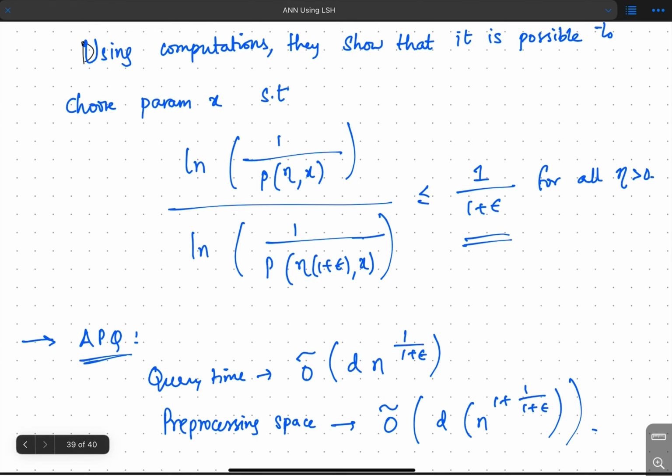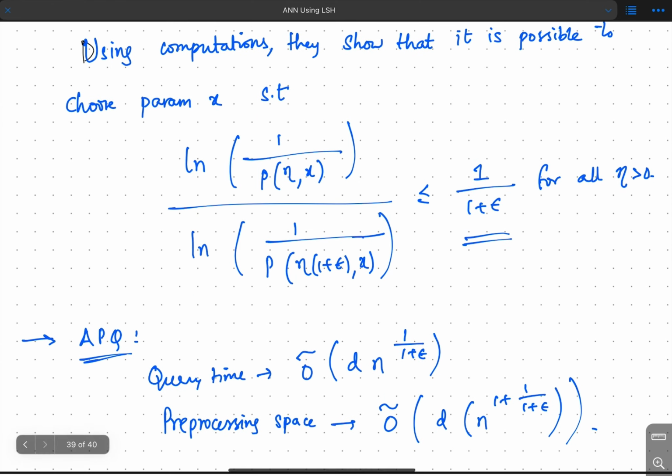Okay, so that ends the lecture on approximate nearest neighbor using locality sensitive hashing.